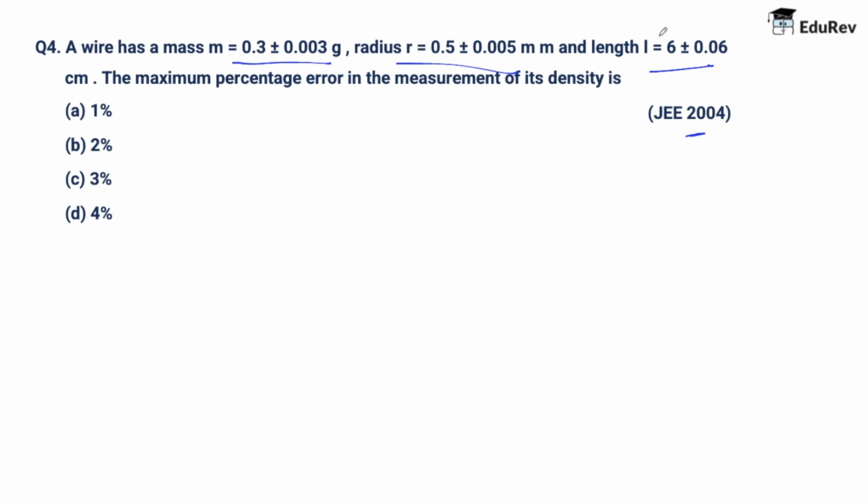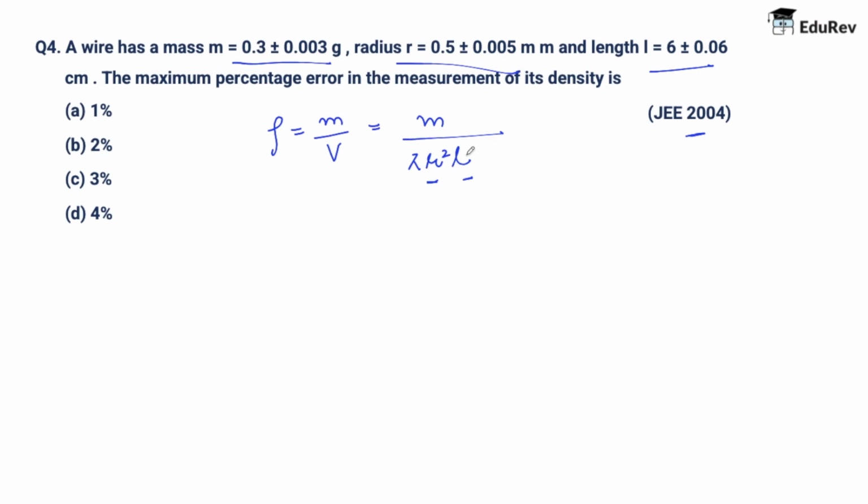Now the density of the wire of mass m, length L, radius R will always be given by rho equals m by volume. And this can be further written as m upon pi r square L, because the radius and length of that particular wire are given to us.